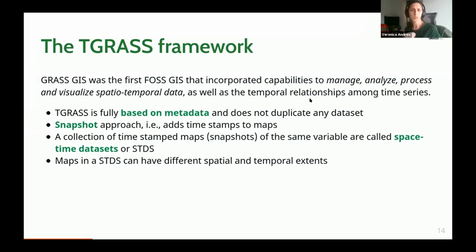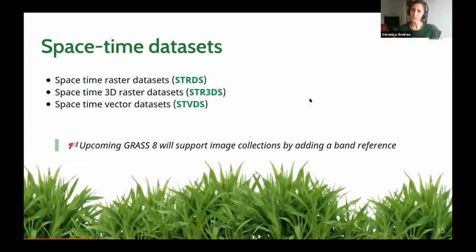Maps within a space-time dataset can have different spatial and temporal extents. This is allowed, but for certain operations, as Gilberto was saying before, you need a data cube. Space-time datasets can be made of rasters, raster 3D, or vectors.